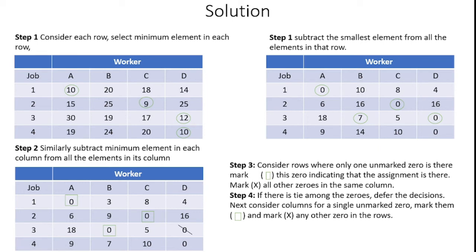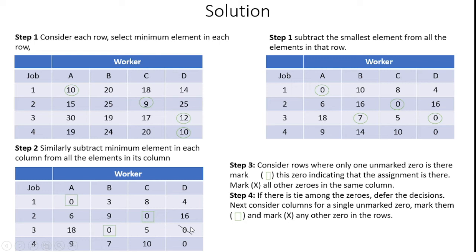And then what about the D worker? The D worker, the third row has 0. I can't assign here because worker B already picked the third job. So here I can't assign the third job to worker D. So I introduce a cross mark here.